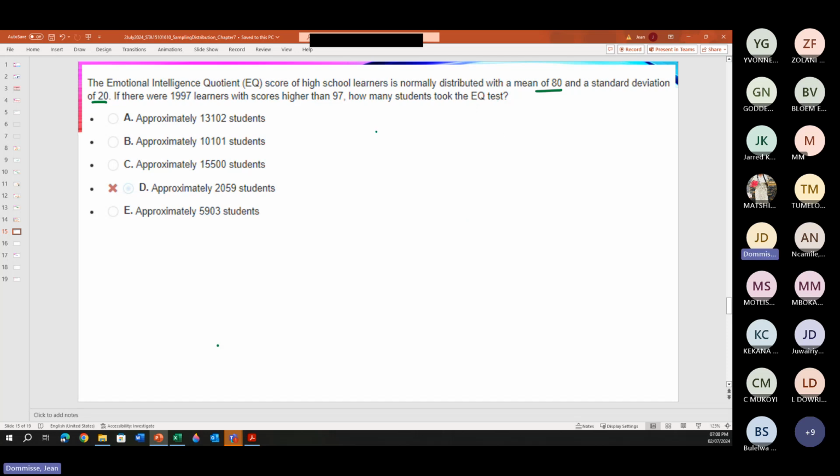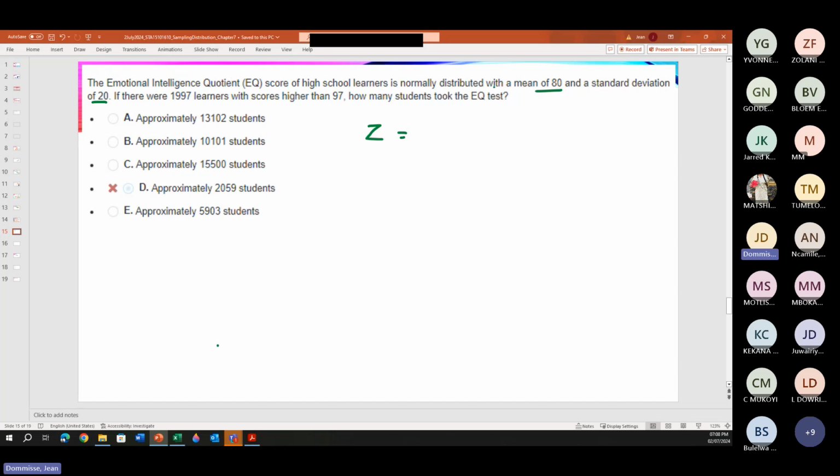So let's again look at this. Interesting here, and also be careful, I think it goes back to when do we use which formula.